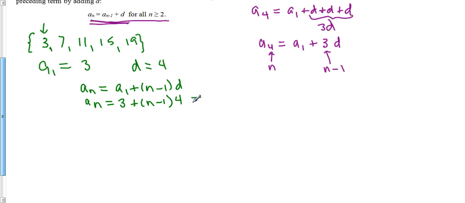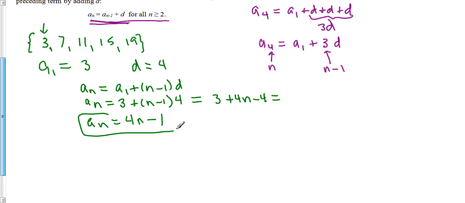If we do a little algebra here, we're going to have 3 + 4n - 4, or a general formula of 4n - 1. And that is the explicit definition of my sequence because it doesn't depend on the element before it.